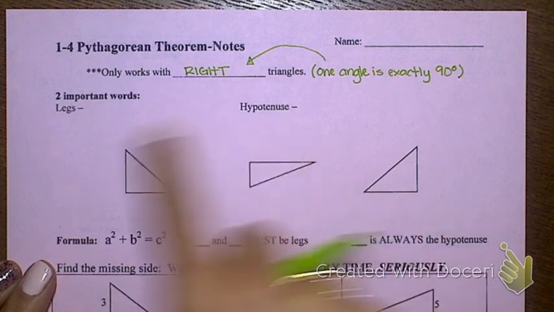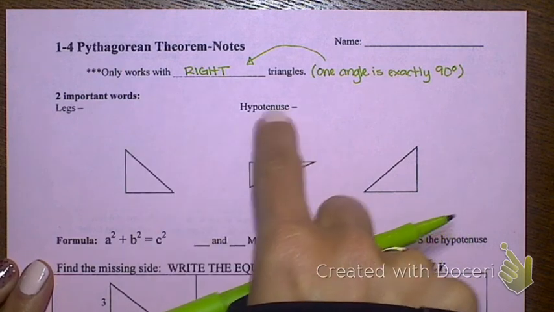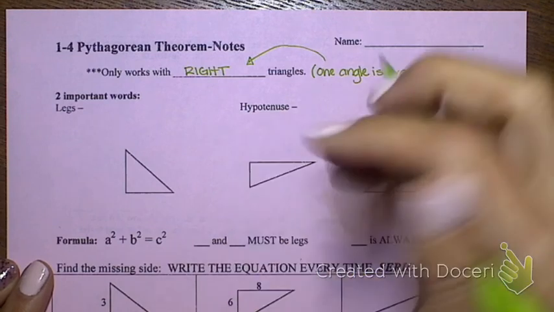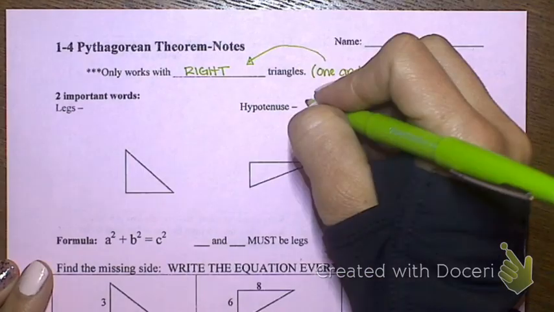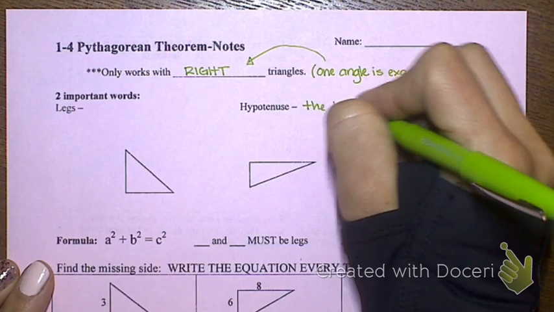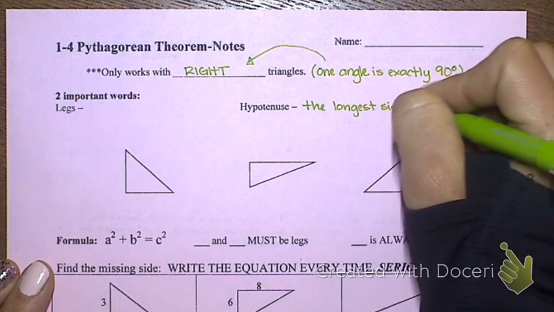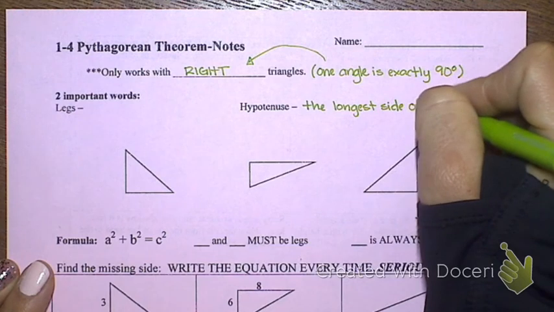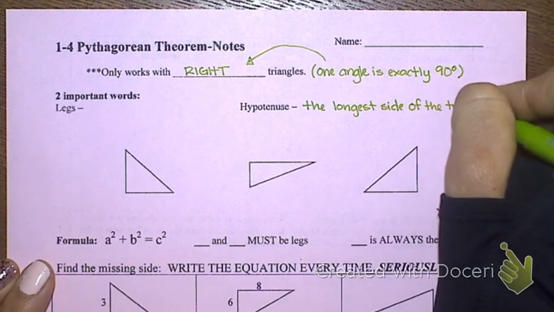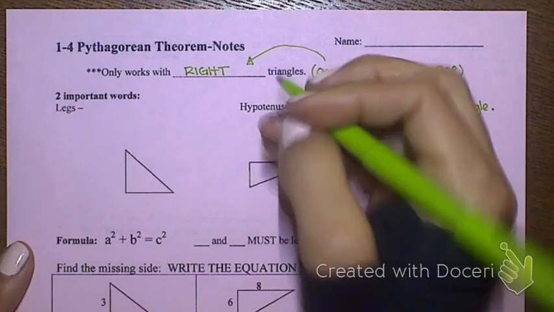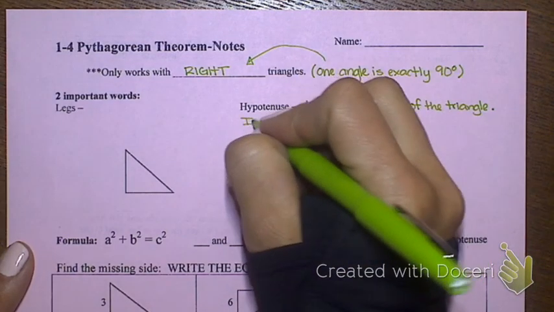And the hypotenuse, do you remember what makes the hypotenuse special? It is the longest side of the triangle. It is also across from the 90-degree angle.